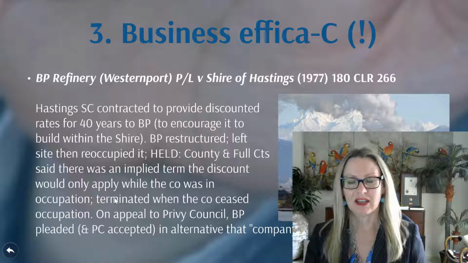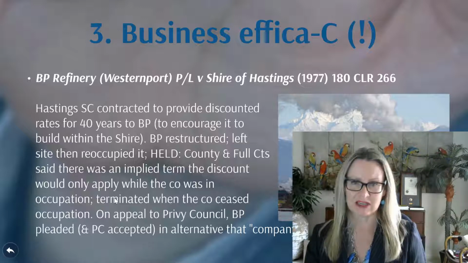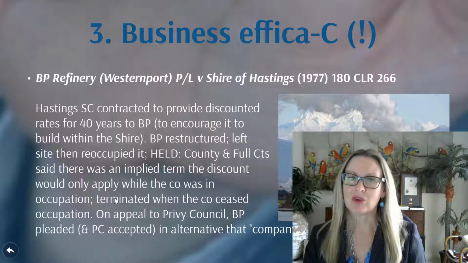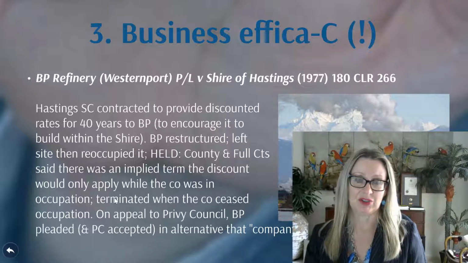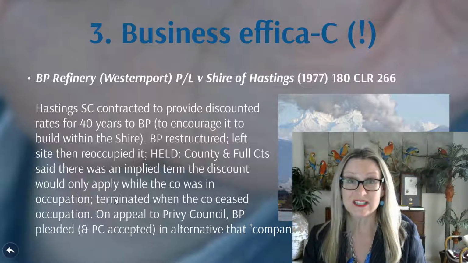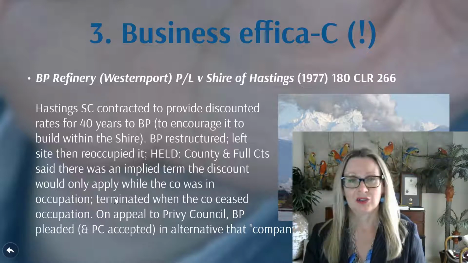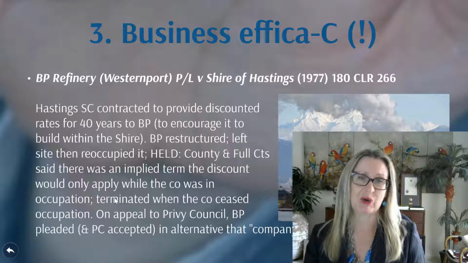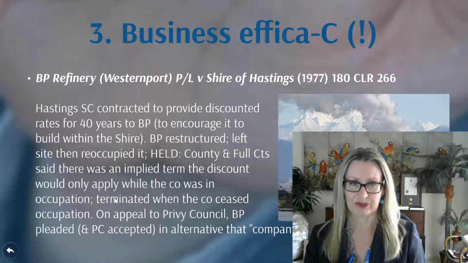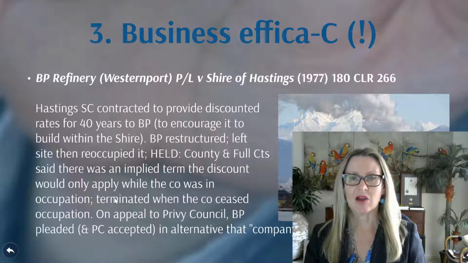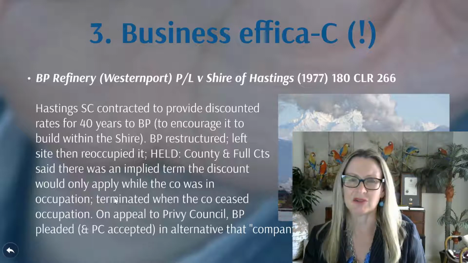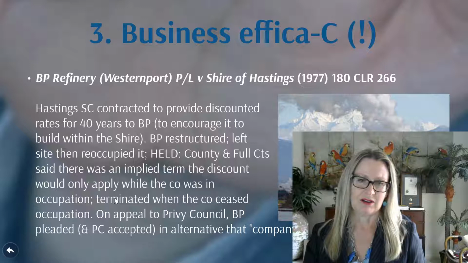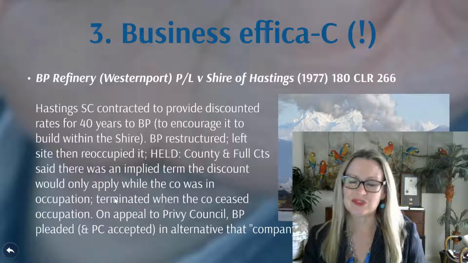But Hastings Shire Council had contracted with BP to provide it with significantly discounted council rates for about 40 years. Why is that? To encourage BP to actually go ahead and build the refinery in its jurisdiction, in the Hastings Council area. The issue was that BP, as part of a company restructure, restructured its entities.